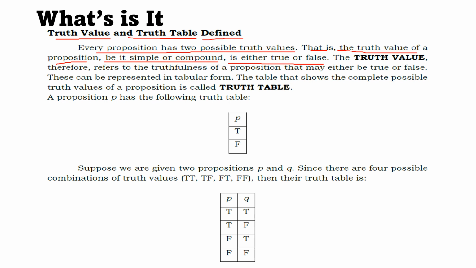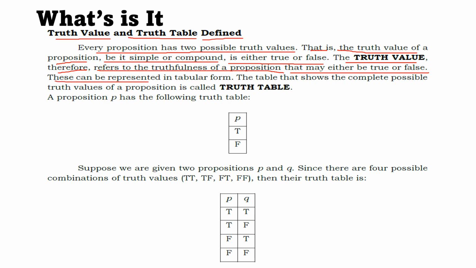If that is a true statement, the truth value is true. If that is a false statement, the truth value is false. The truth value, therefore, refers to the truthfulness of a proposition that may either be true or false.